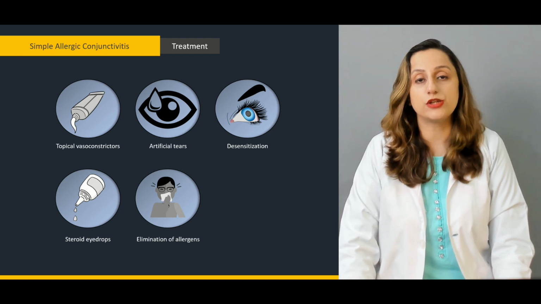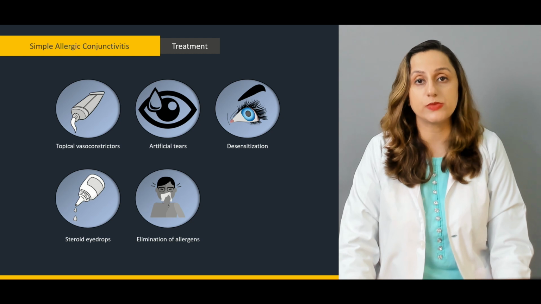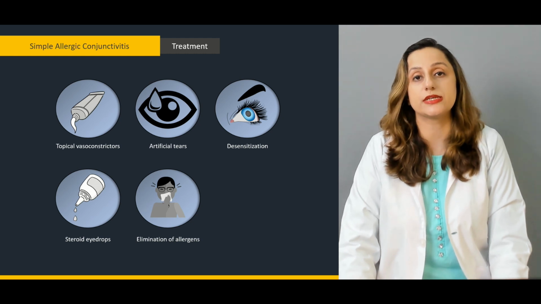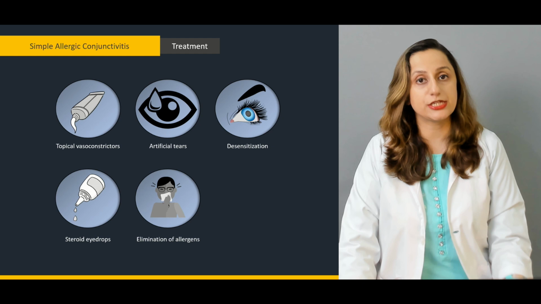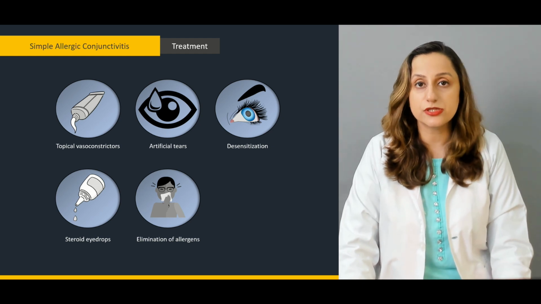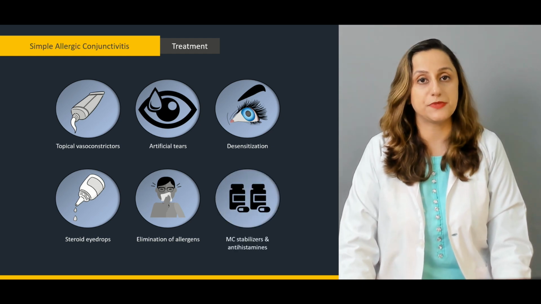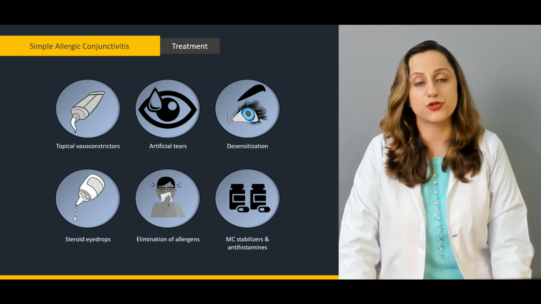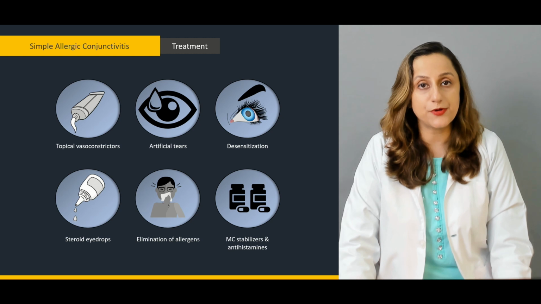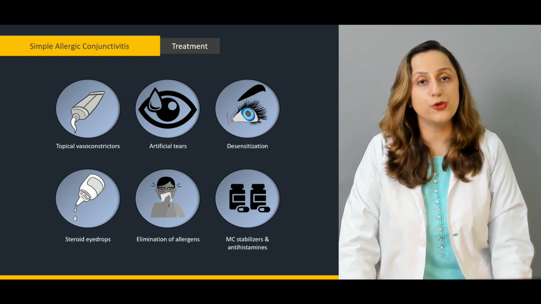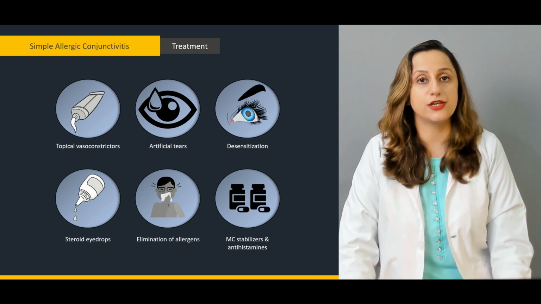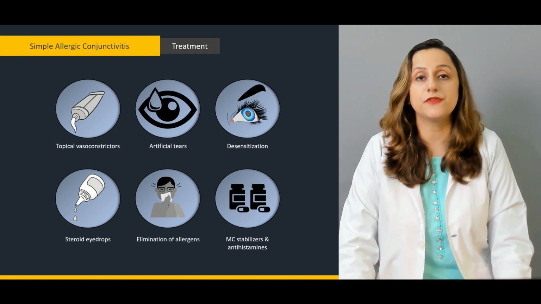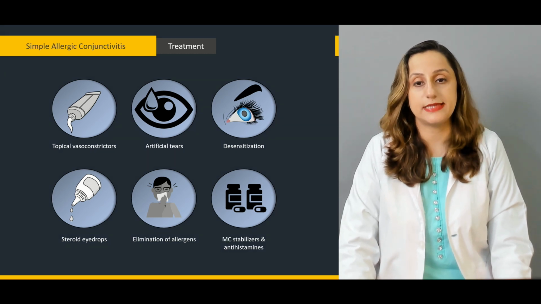If we have gone through the investigations and found that a particular allergen is causing allergy in a particular patient, we'd ask the patient to keep away from this allergen. Mast cell stabilizers and antihistamines are also prescribed for the same purpose, to slow down the allergic or inflammatory reaction that is taking place.